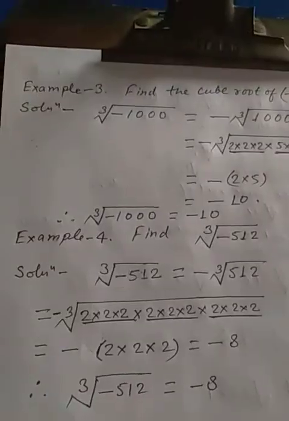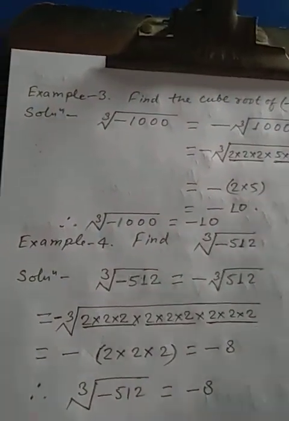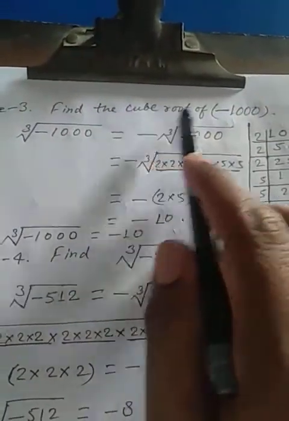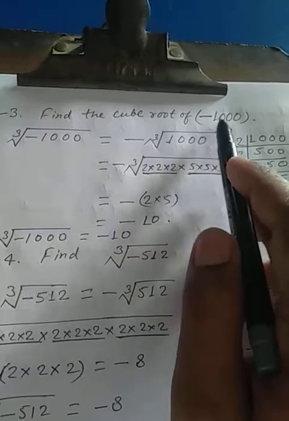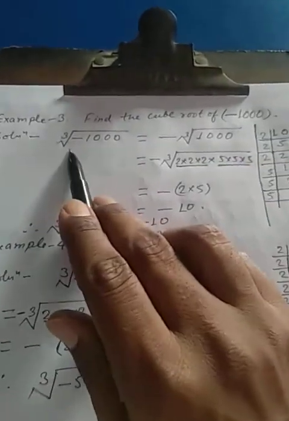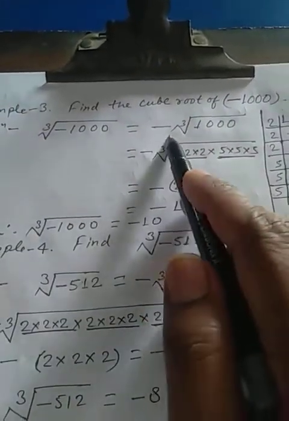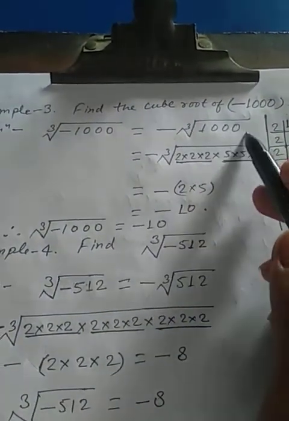Okay. Now here I am taking an example. Example number 3: find the cube root of minus 1000. Cube root of minus 1000 equals minus cube root of 1000.